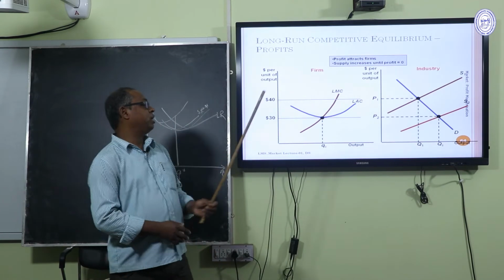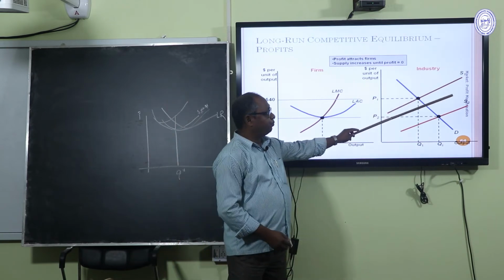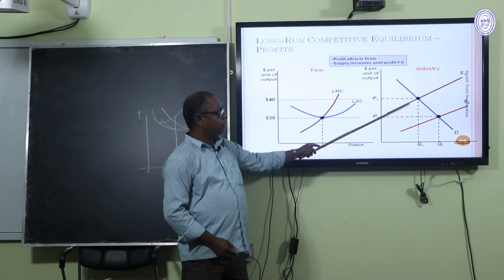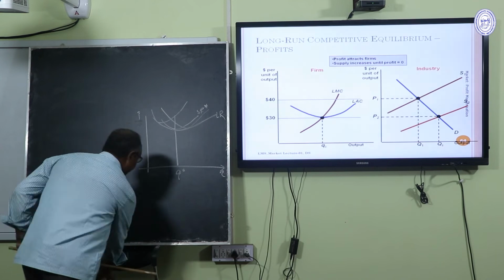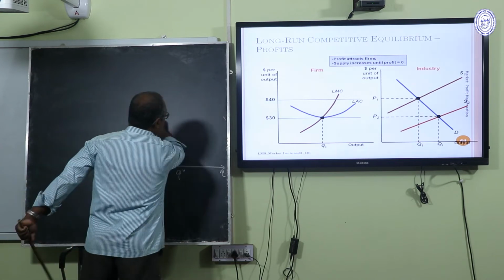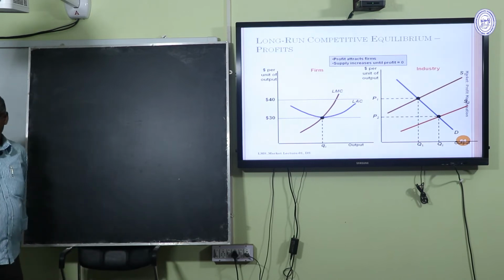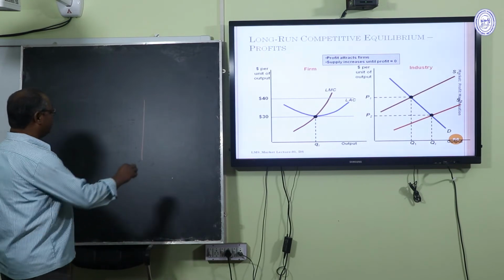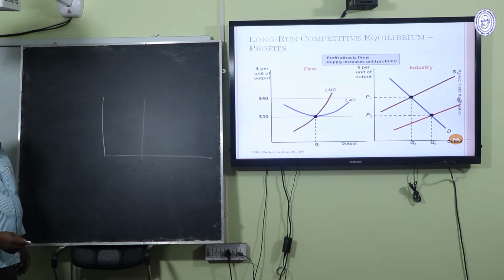So this will happen in the long run. Suppose at the first point supply only increases to that point, and I am doing that in the figure here. I start drawing this picture in order to show the trajectory between the farm and the industry.